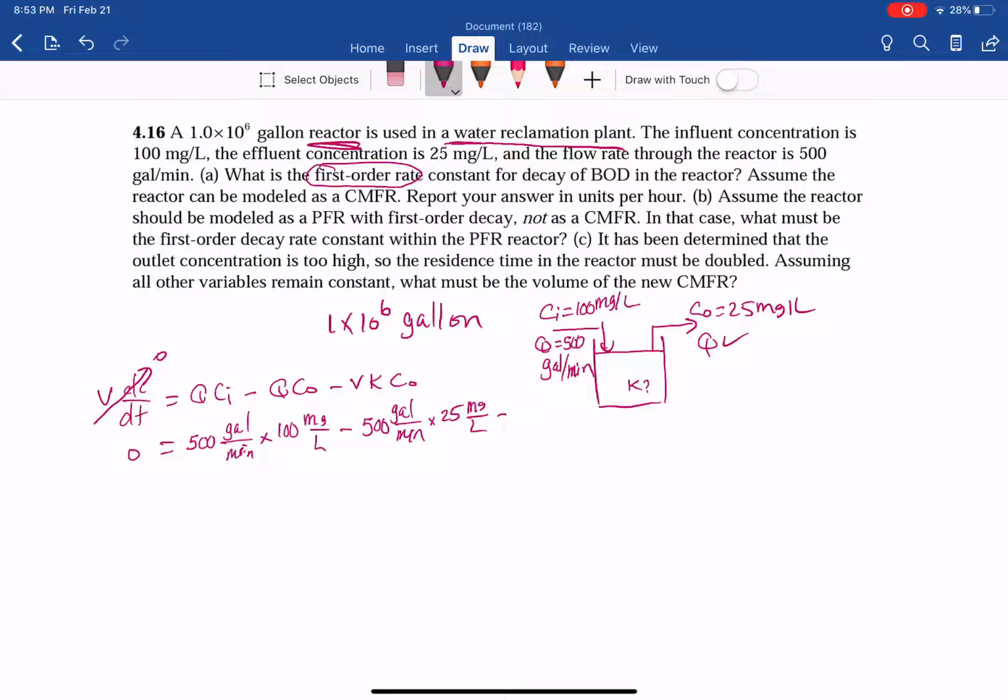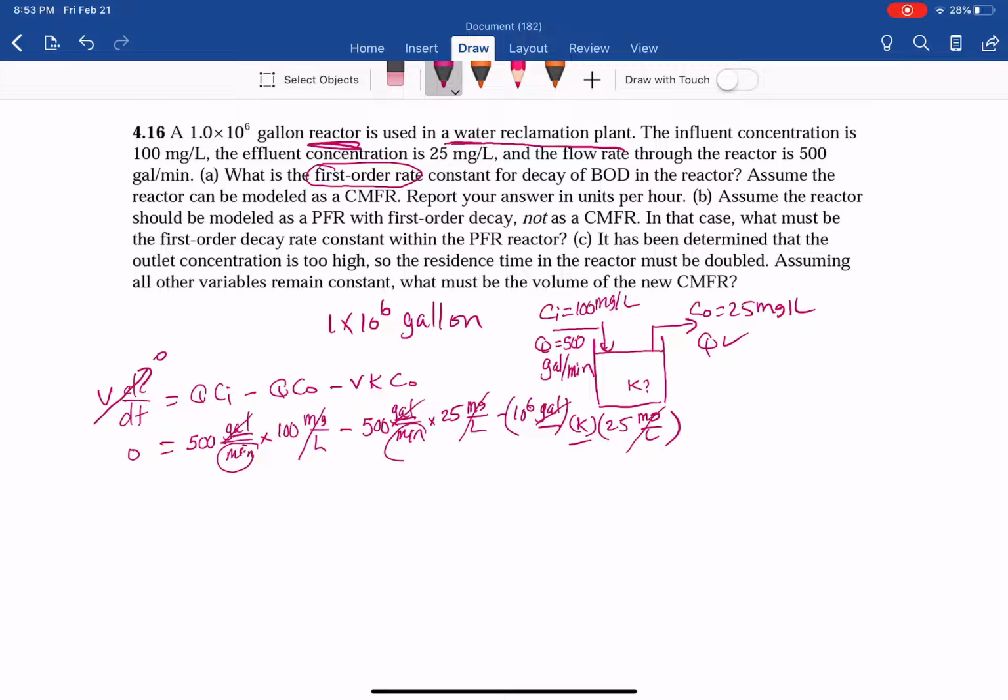We know the volume is 10^6 gallon, and that's good. It's consistent with all the units in the equation, times K. K is the unknown, times C_out, 25 milligram per liter. You can see milligram per liter, milligram per liter, fine. Gallon is fine. Now, per minute, so the K will be per minute.